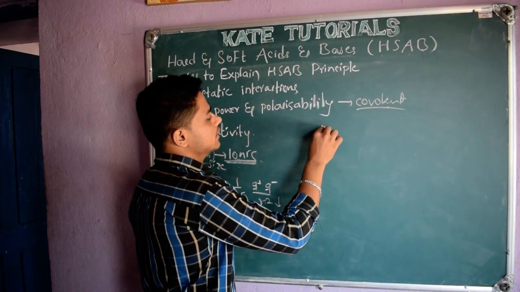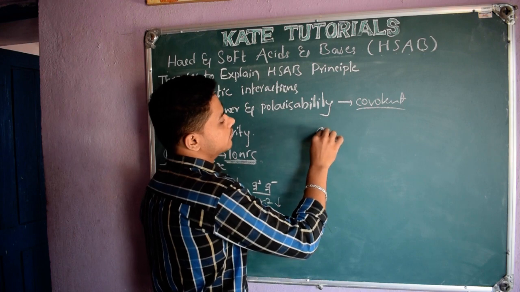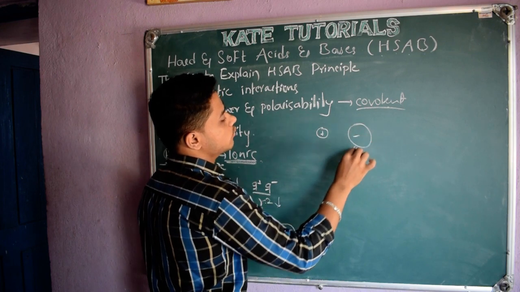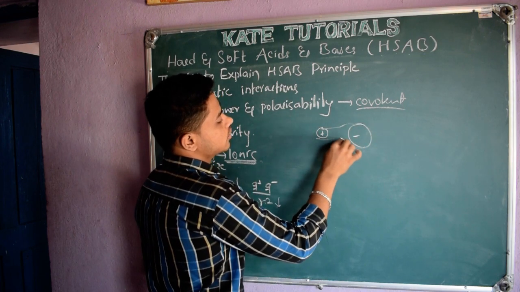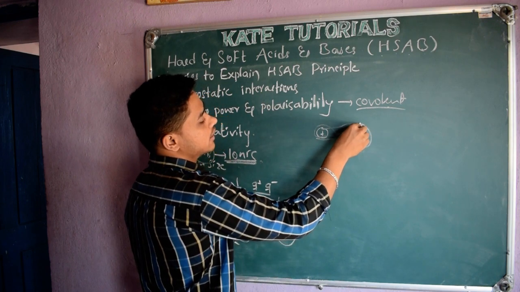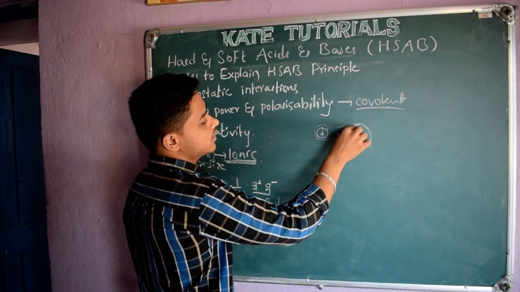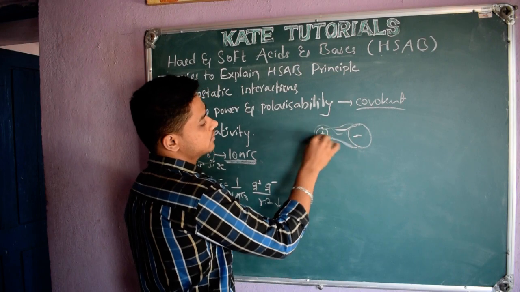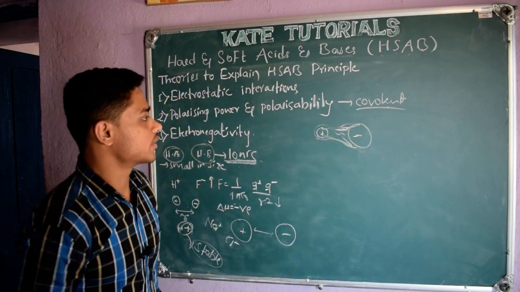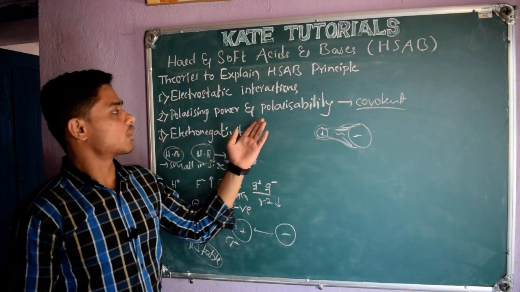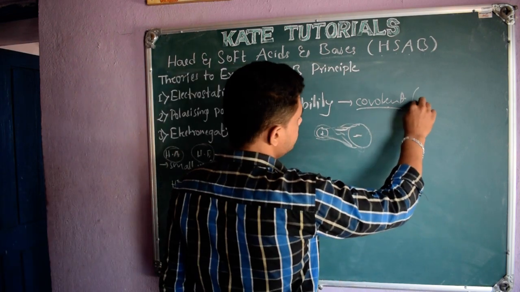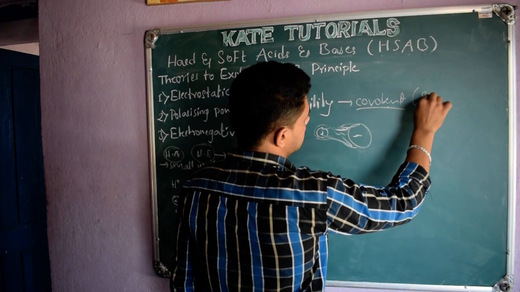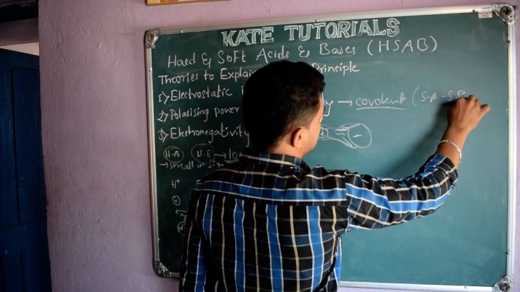If the positive charge is small and the negative charge is more, then a little covalency will be there, because the electron density is not in control of the nucleus, so it will be spread, and it will be covalent. So a covalent bond can be explained for soft acid and soft base interaction.